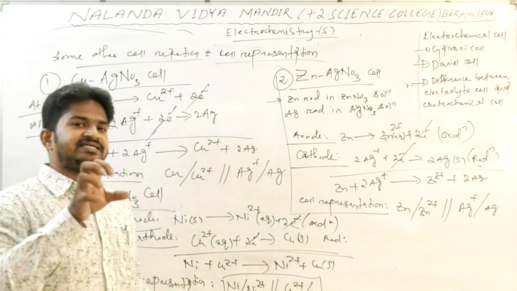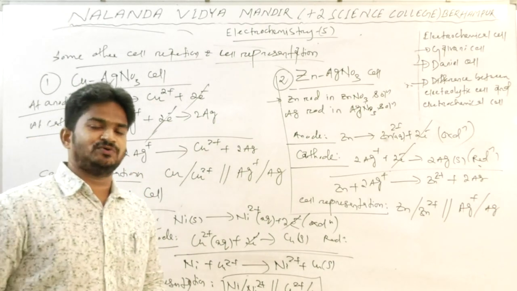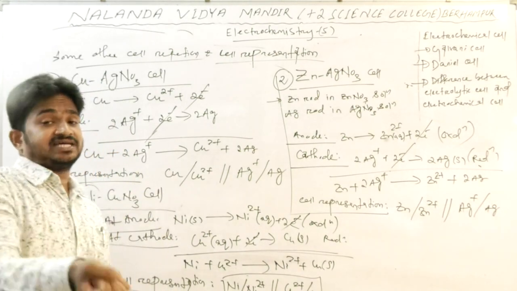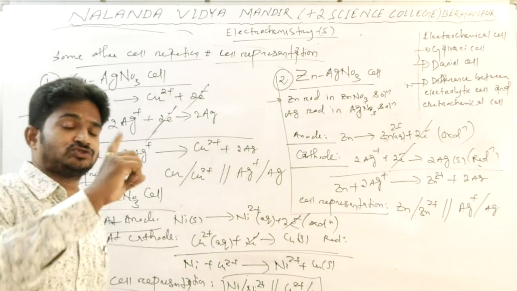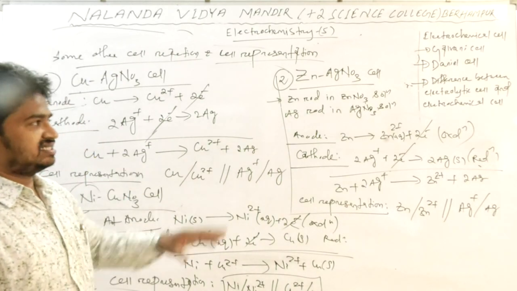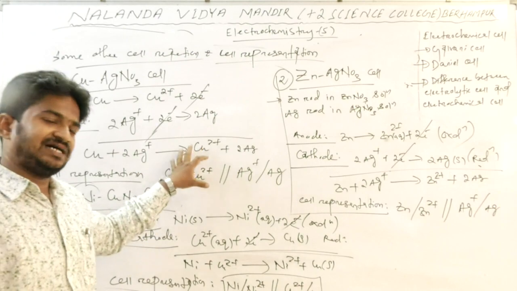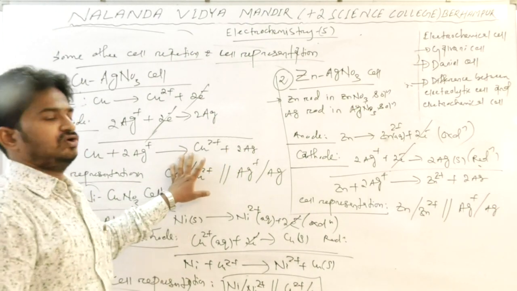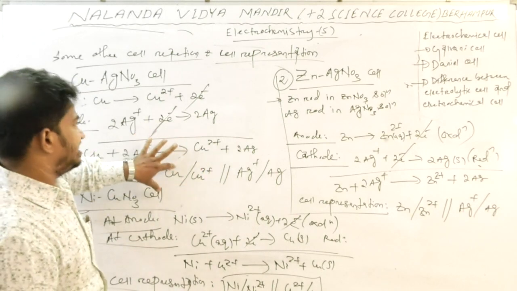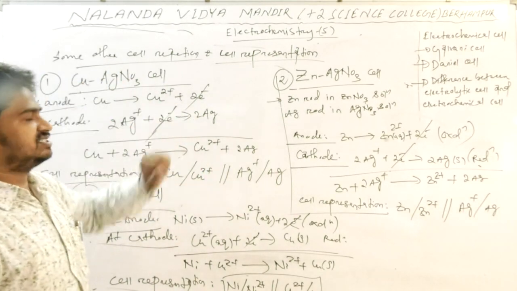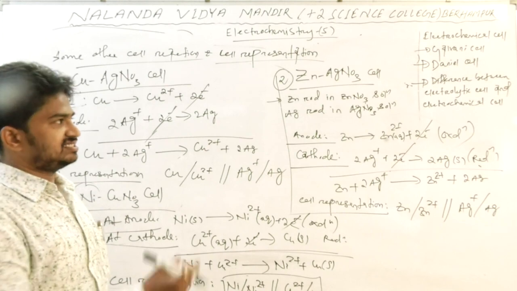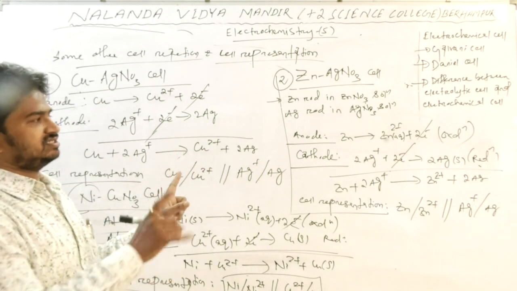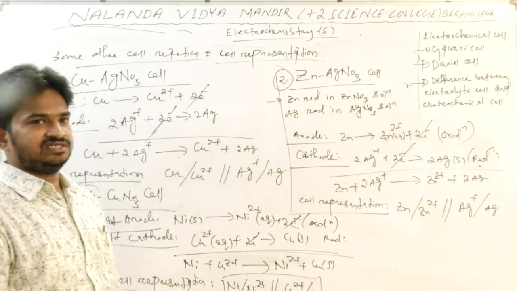Means electrolytic cell is a non-spontaneous cell reaction. By using electricity, we bring about the non-spontaneous cell reaction. In the first lecture we discussed the electrolytic cell, and in this lecture we have discussed the galvanic cell, that is the electrochemical cell. Now we are going to differentiate between these two.